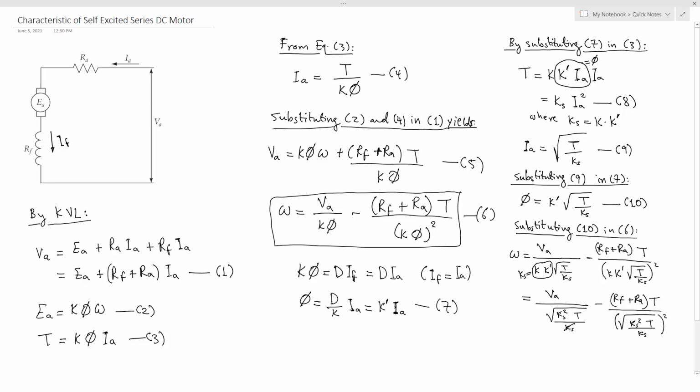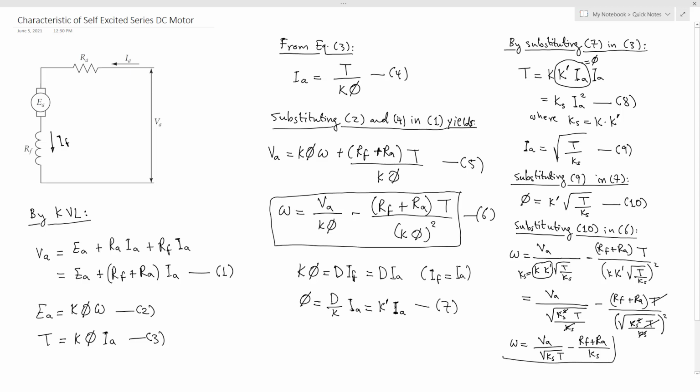So KS will go, and also here will go, and also here T will go with T, because the square root of T squared will be T. So omega will equal VA over the square root of KS T minus (RF plus RA) over KS.